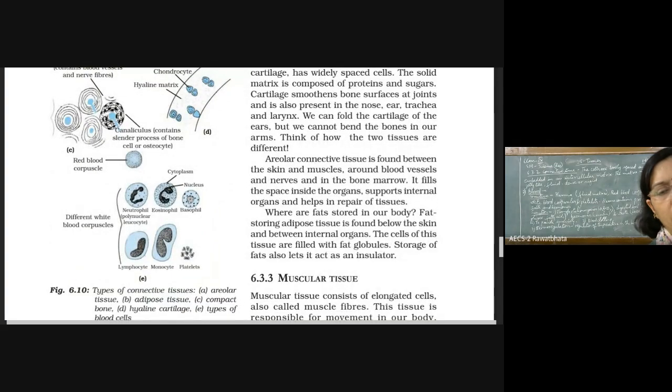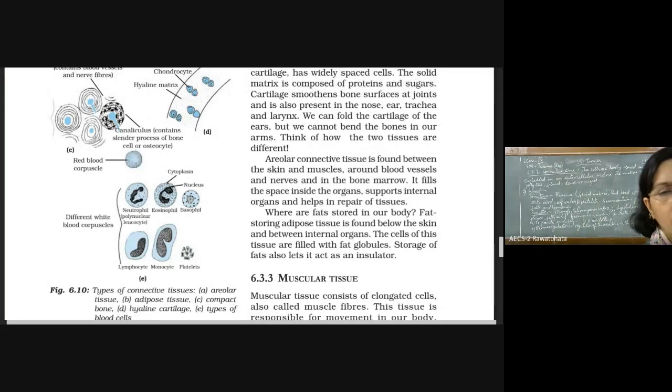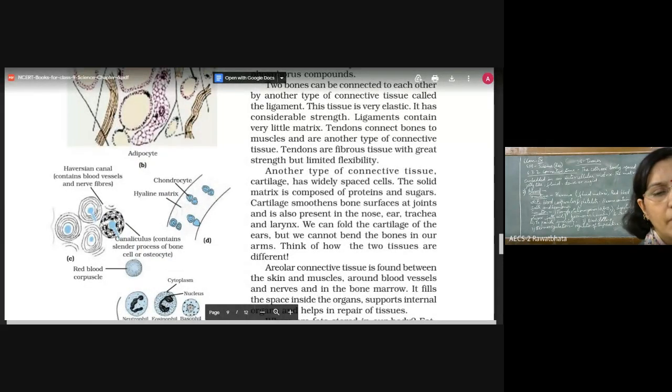Try to be attentive in the class, kids. This diagram shows red blood cells, white blood cells, platelets. Now we are focusing on the C diagram and the D diagram, that is the bone cells and the cartilage cells.